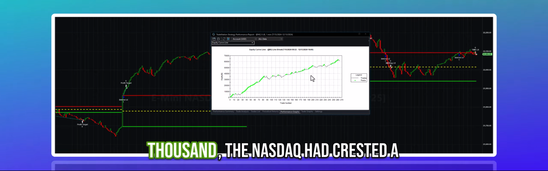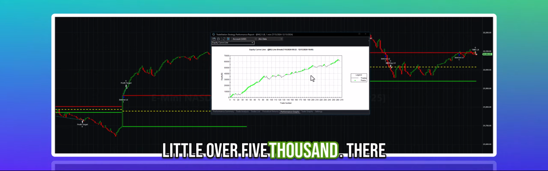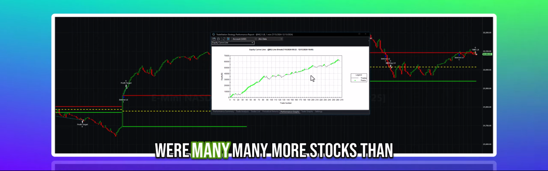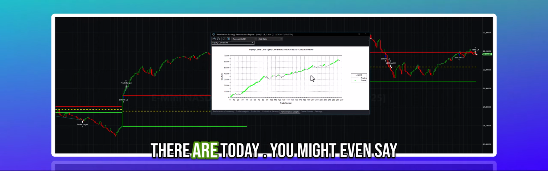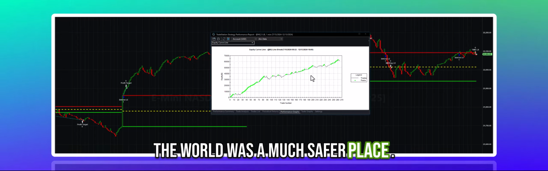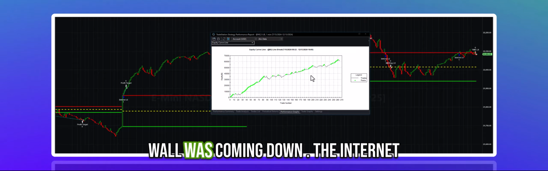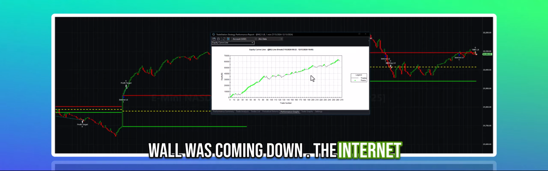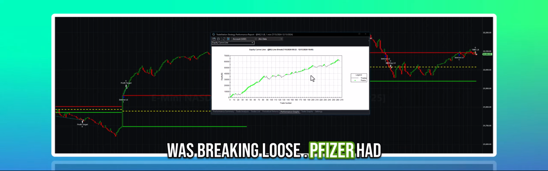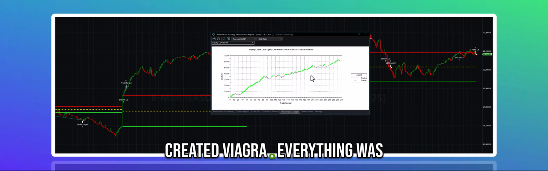In March of 2000, the NASDAQ had crested a little over 5,000. There were many, many more stocks than there are today. You might even say the world was a much safer place. Glasnost was happening, the Berlin Wall was coming down, the internet was breaking loose, Pfizer had created Viagra.